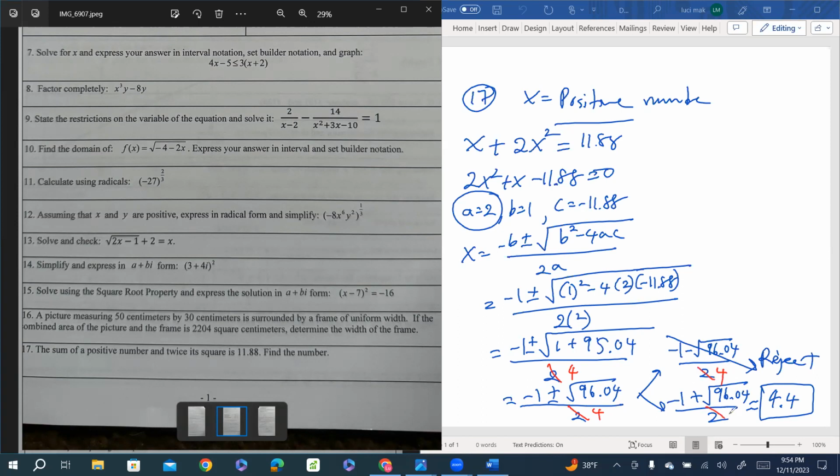All these were 4s. So it was 8.4 divided by 4. So the right answer should have been 2.2 instead. 2.2, and this is no units. So 2.2 is the right answer, and it checks out.